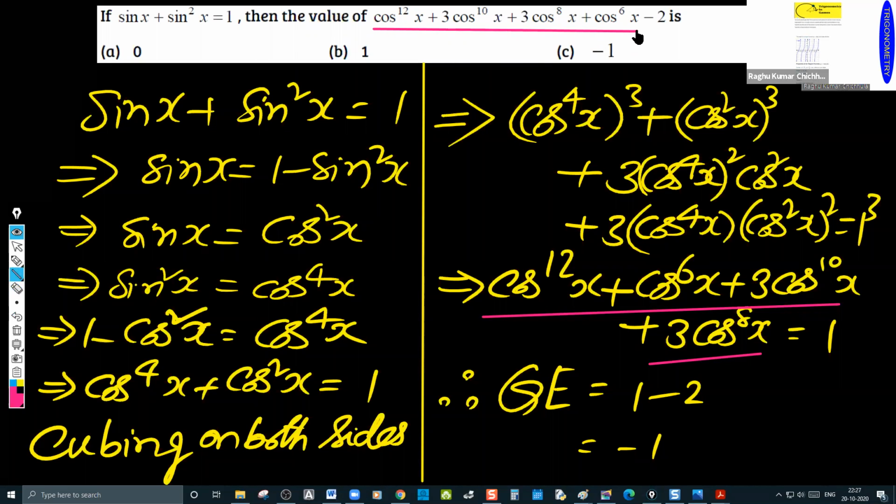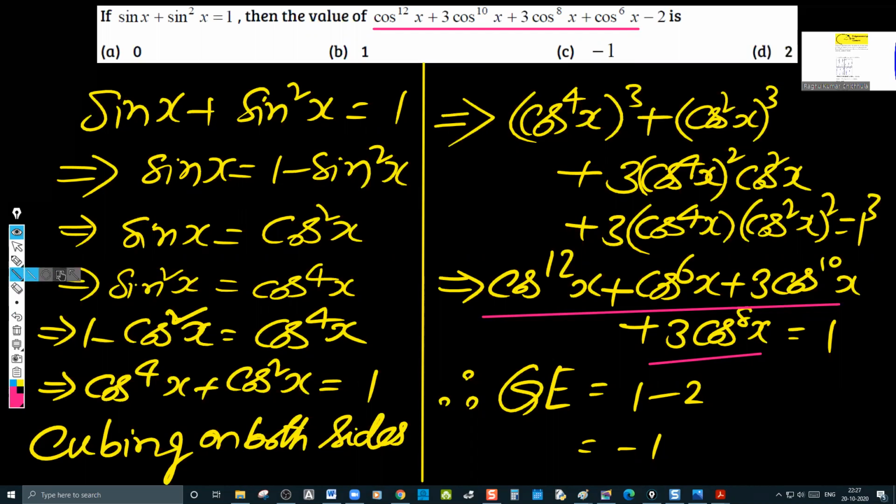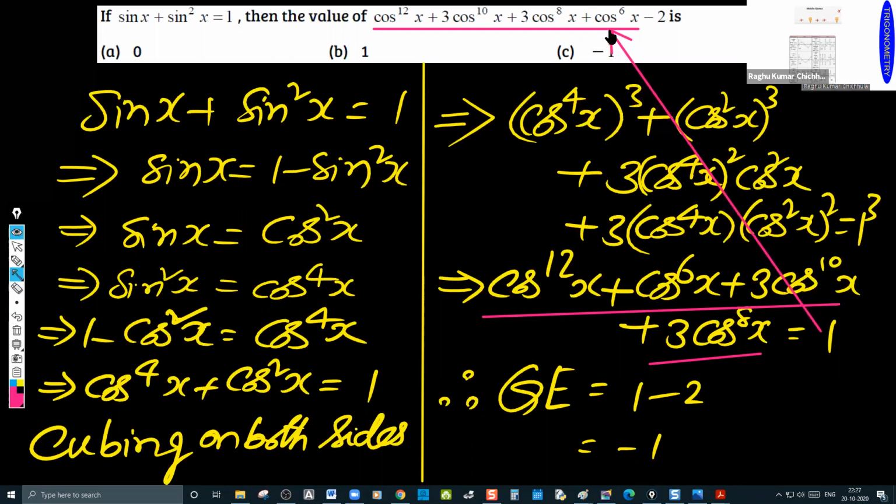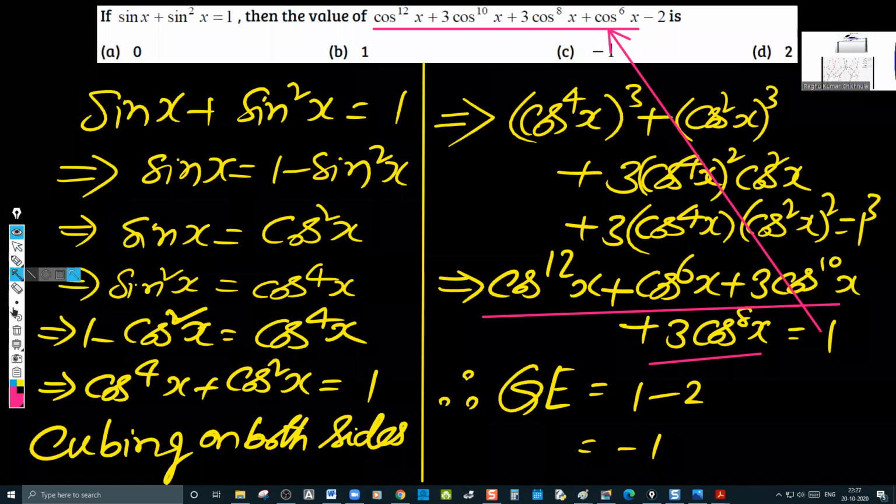This is what we have got. What we did, we substituted here: 1 minus 2 minus 1. Bhavi, clear now? Yes, sir. Right.